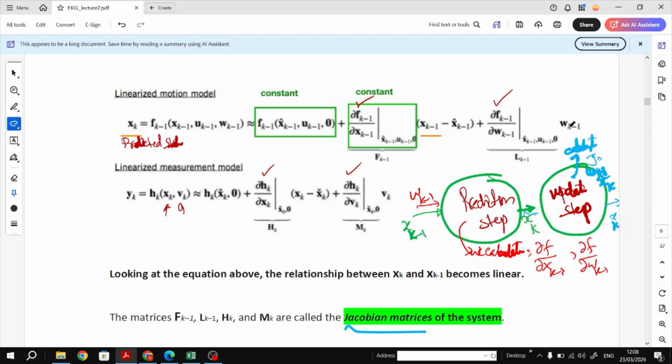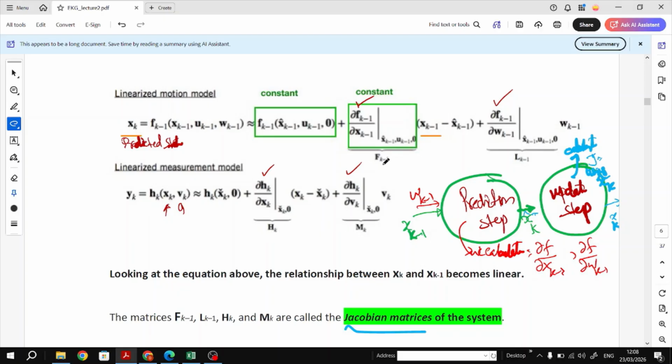Similarly, if we look at the linearized model of the measurement model, we use first order Taylor series again, calculate the function h of x at the predicted state, and add these partial derivatives with respect to x predicted and with respect to measurement noise, and we get this H matrix and M matrix.